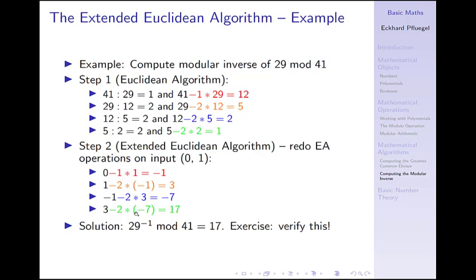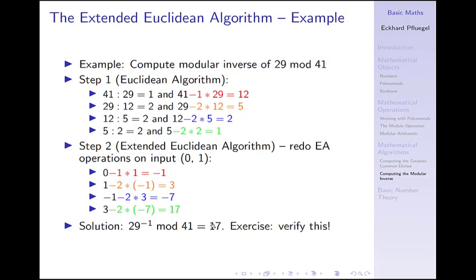So finally, we're done. Because what I'm claiming is, and we haven't really proven it, but you just have to believe me now, this number here is the output. So the modular inverse of 29 mod 41 is 17. And as a little exercise, I would ask you to verify this based on the definition of the modular inverse.